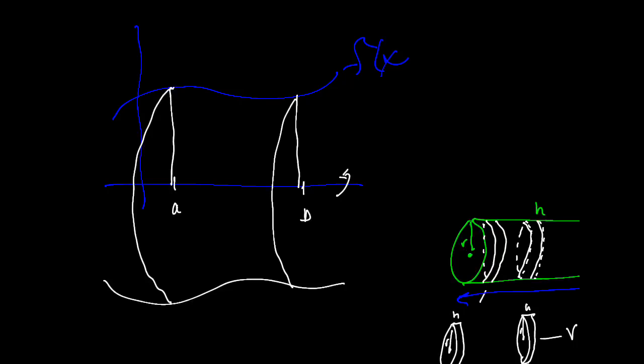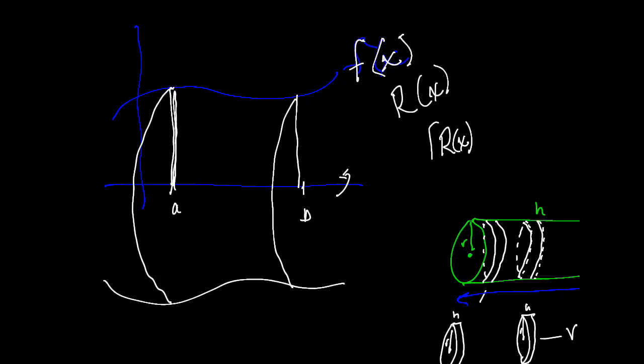The reason they call this the disk method is because what is my radius of each one of these infinitesimally small disks? My radius happens to be f of x. In our textbook, they call it r of x for radius. If I multiplied the radius squared times the height of the solid, what is the height of each one of these disks?